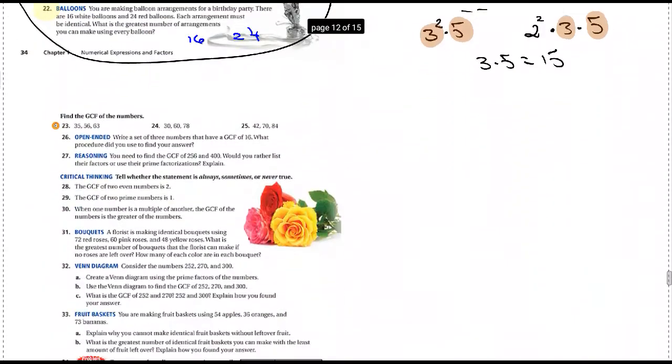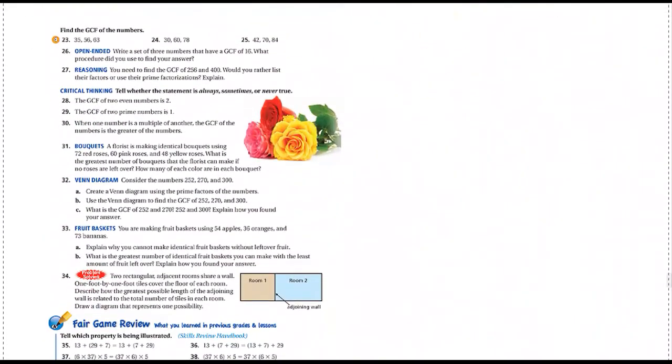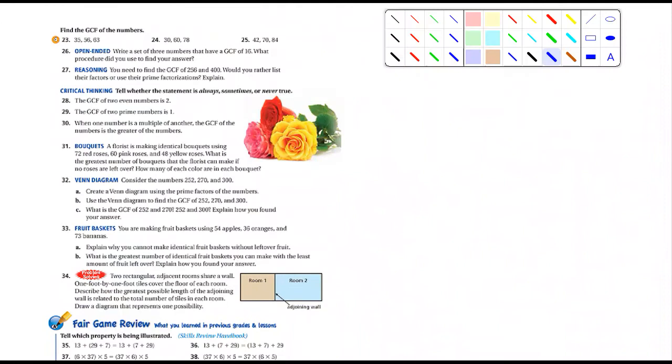Let's move up a little bit, drop into the next page. Yeah, do 24. There's 3 numbers now you've got to break down. Let's see here, 28, 29, when a number is a multiple of another.